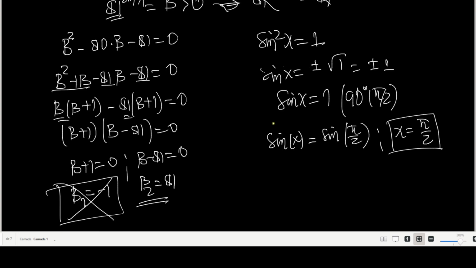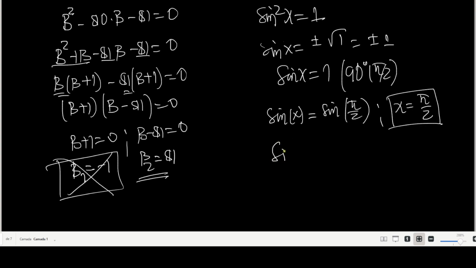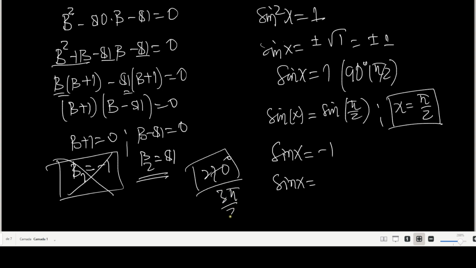Then we have sin of x equals minus 1. Going back to our unit circle, 270 degrees has sine minus 1, and 270 degrees is 3 pi over 2. So x equals 3 pi over 2. This is x1 and this is x2.